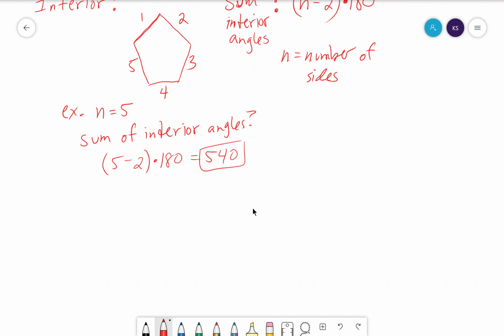Now we'll do another kind of question that we have here. Let's say we have this strange shape here. Okay, it's a quadrilateral because there's 1, 2, 3, 4 sides. Okay, and let's say that they are asking us to find this angle here, x. And they're telling us right here, this one is a right angle.